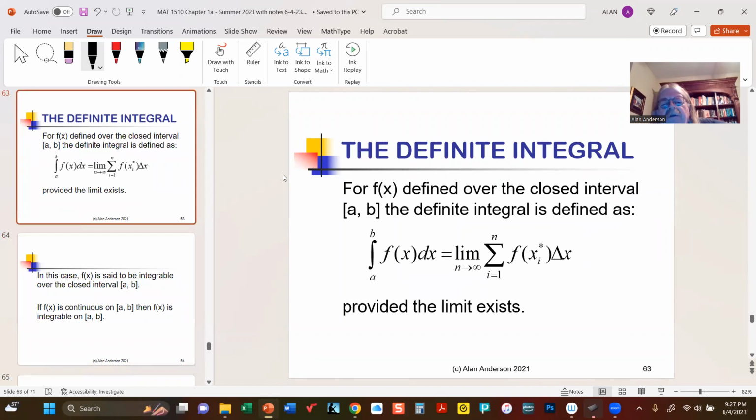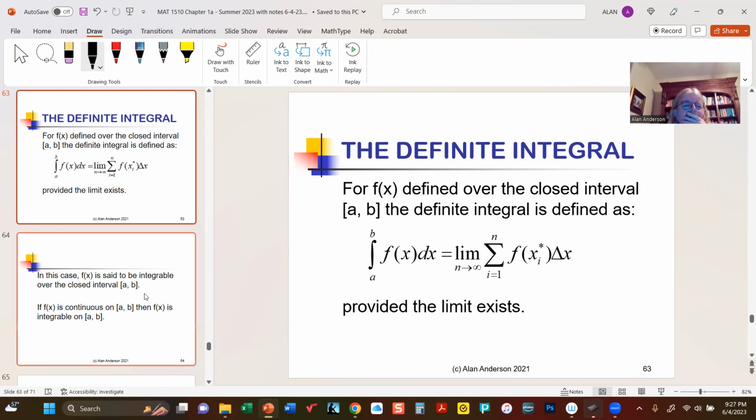Now, the definite integral simply means that we're restricting the range of the interval to a specific range of values between A and B. So that means we're going to end up with a very specific constant when we do this.